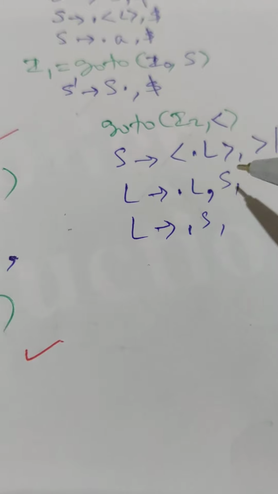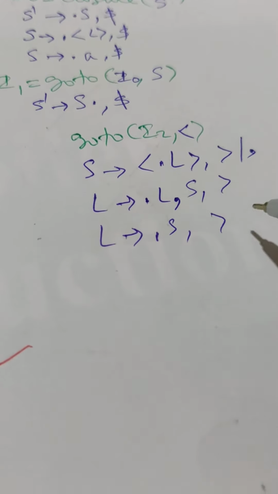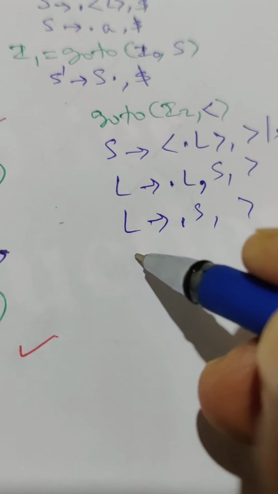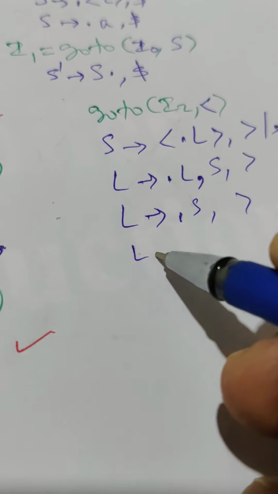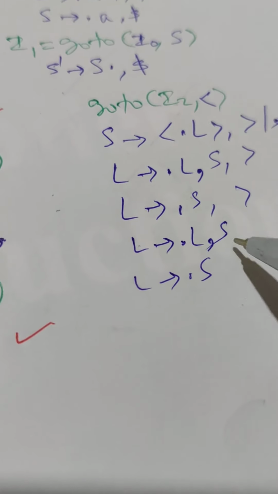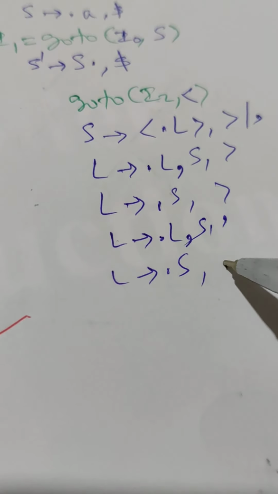Now for these two rules, because of this L, the lookahead is greater than sign, so we get greater than sign, greater than sign. Now because of dot L, rules of L again, we can write the same thing, dot L comma S, L goes to dot S, and for these two rules the lookahead is comma, so you can write a lookahead comma here, comma here.